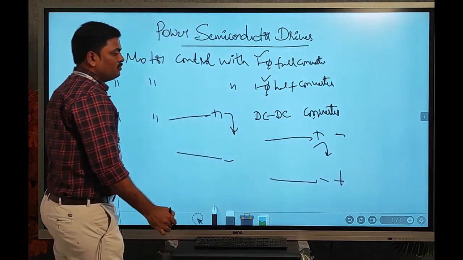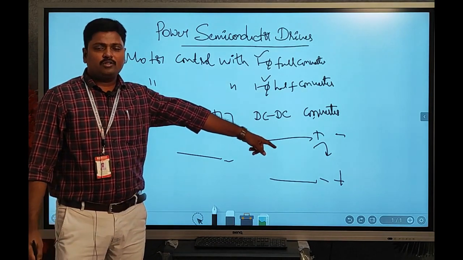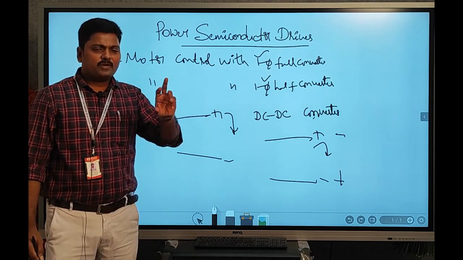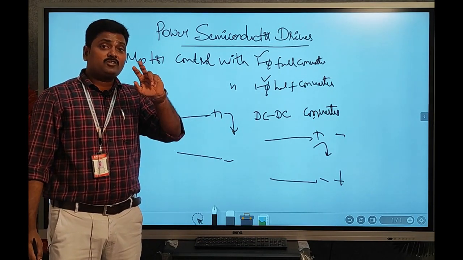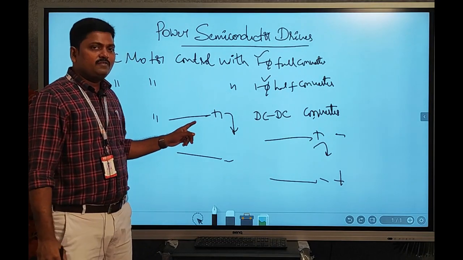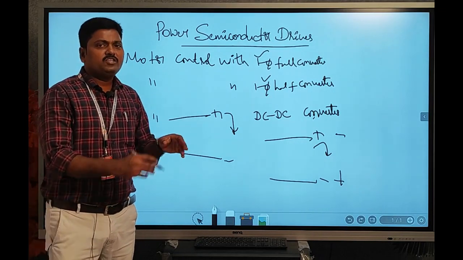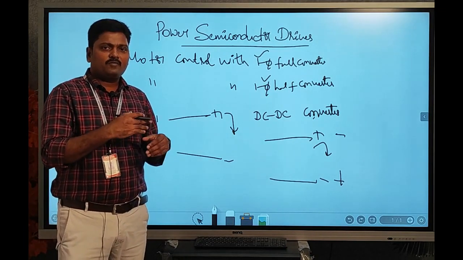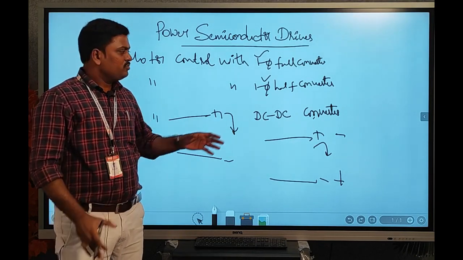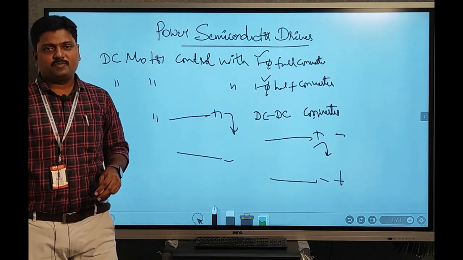So since the voltage can be reversed but not the current direction, I can control the motor in two quadrants. The voltage applied can be reversed. We can change the operation of the drive if you use a single phase full converter. If you use a single phase semi-converter, the mode of operation of the motor cannot be changed. If it is operated in forward conduction mode, you can only operate it in forward conduction mode forever. So by using a single phase full converter, two modes of operation are possible.